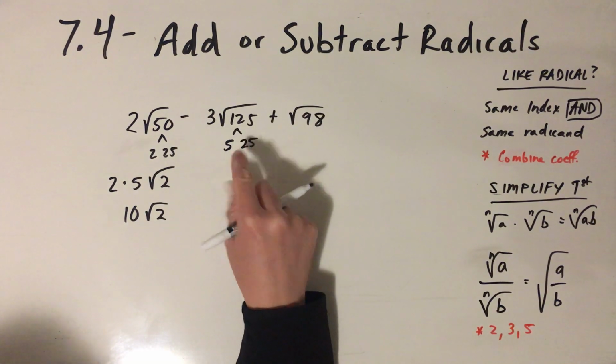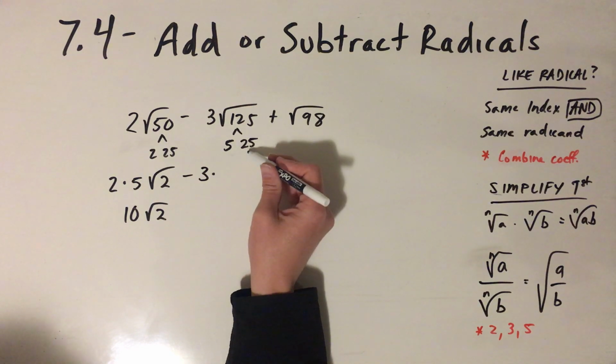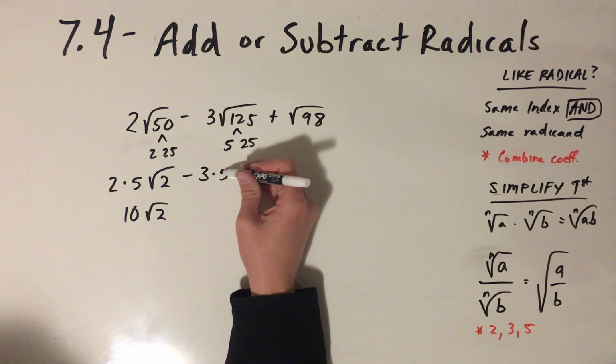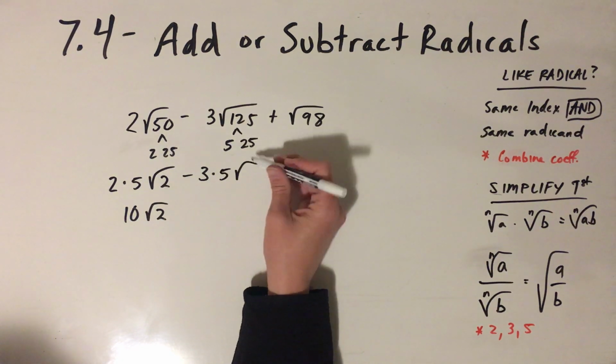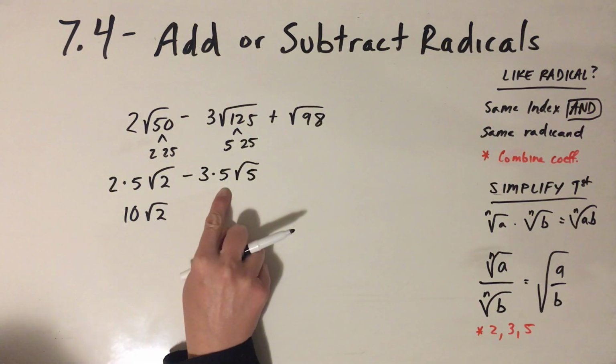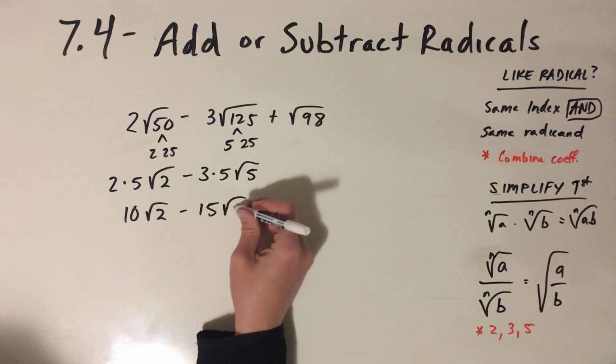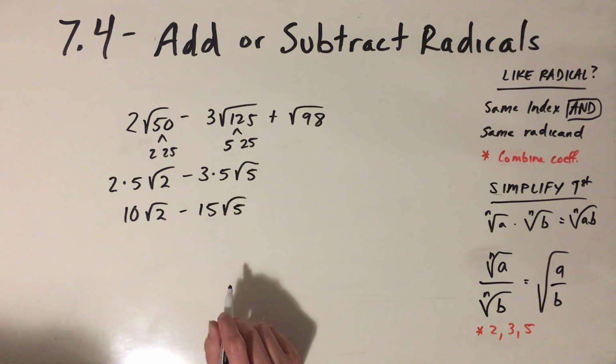So again, this is a perfect square. There's already a 3 out here. When I pull out this 5 from that 25, I'm going to get a 5 out there, and the square root of 5 is going to stay under. I'm going to multiply these two values together and get a negative 15 square root 5.